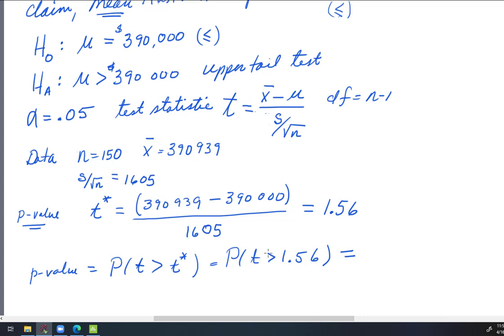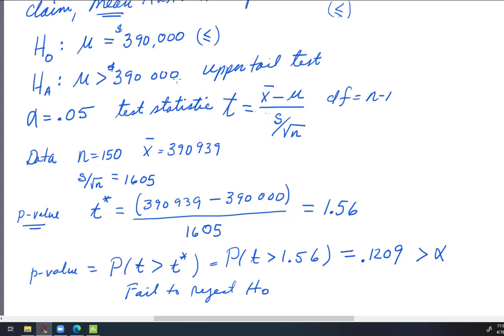We'll use Minitab and the t distribution and calculate this probability as we have before, and this is going to be equal to 0.1209. That's greater than alpha, so we fail to reject H naught. Not enough evidence here to reject the claim.